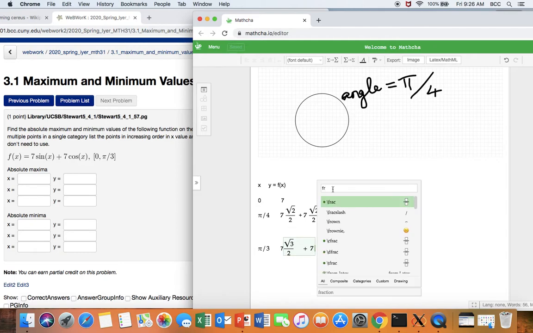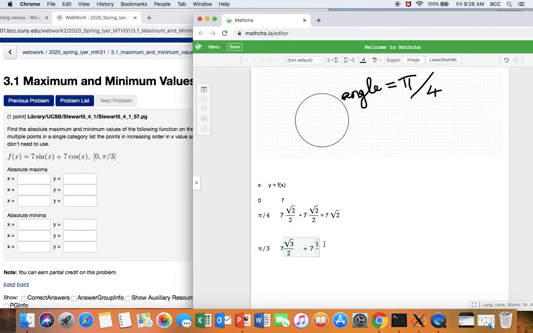You can plug these values in and get approximations, and you will notice that this is the maximum, whereas this is the minimum.